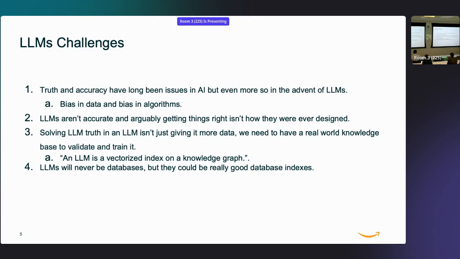Whereas large language models have a heavy dependency on some knowledge source, but they also require some type of grounding in truth. And that's where potentially semantic networks can serve as a back end to that workflow and serve as a way to enforce some of the truth, but also serve as a model validator and a model trainer.